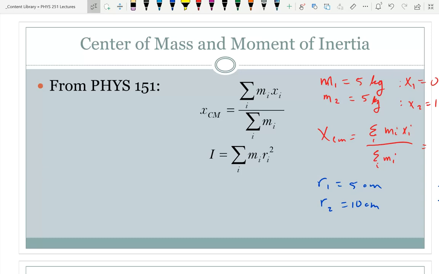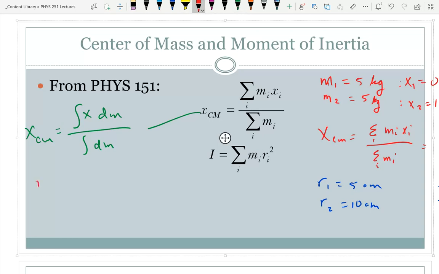So x center of mass is equal to the integral of x dm, where dm means a little tiny piece of mass, divided by the integral of dm. And the moment of inertia, what's the equation going to be? The integral of r squared dm.